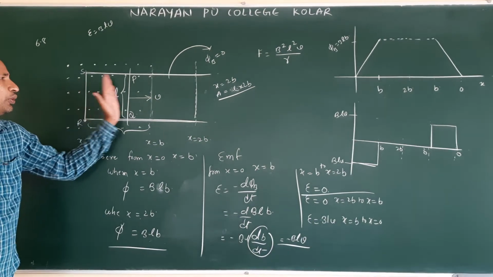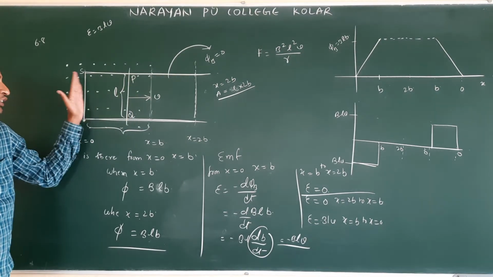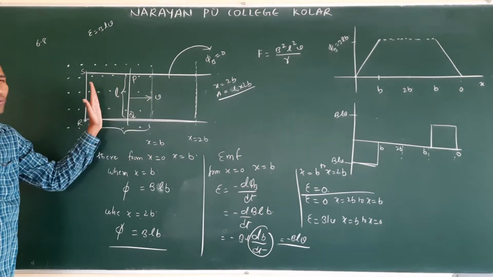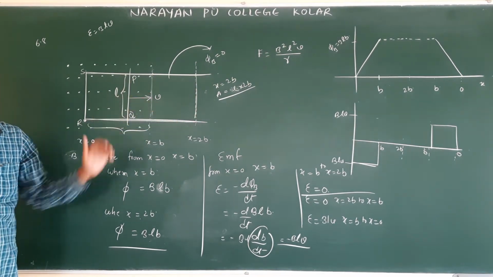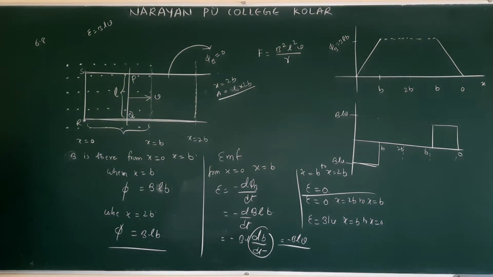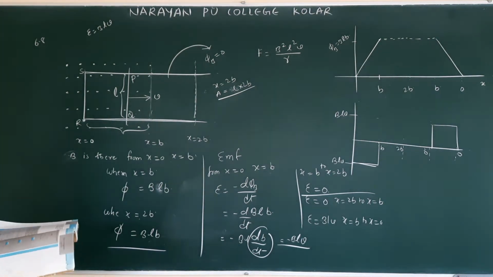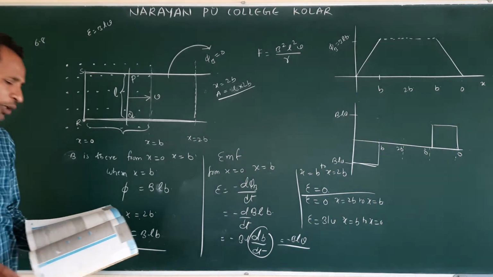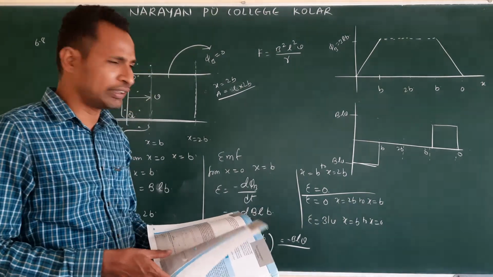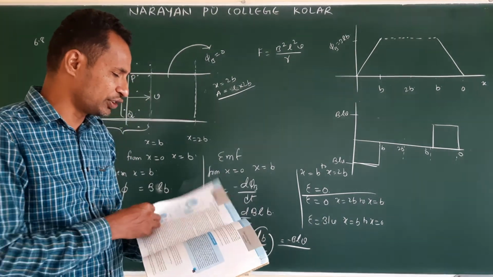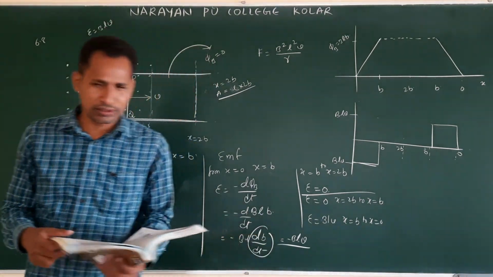When the rod is going out of the region, force acts into the region. When the rod is moving into the region, force acts outwards. The graph is given in the textbook. Power is always positive, we don't take power negative, so you will get the graph in the positive plane only. This is important, practice this. If you have a doubt, you can ask. Clear?